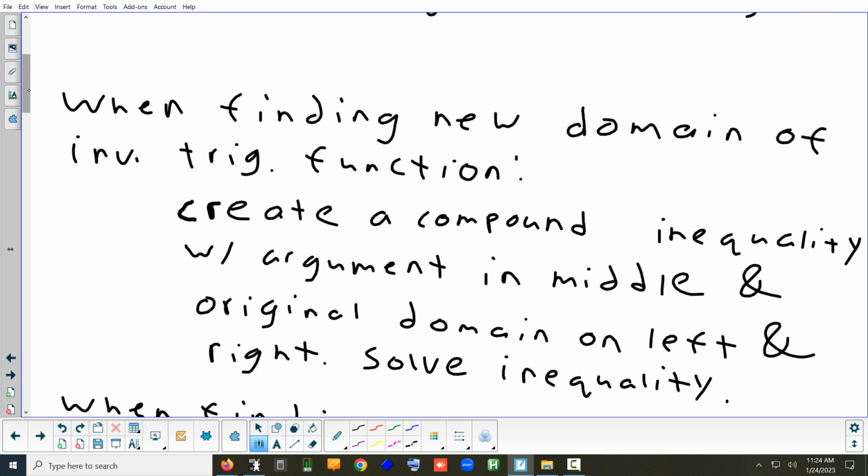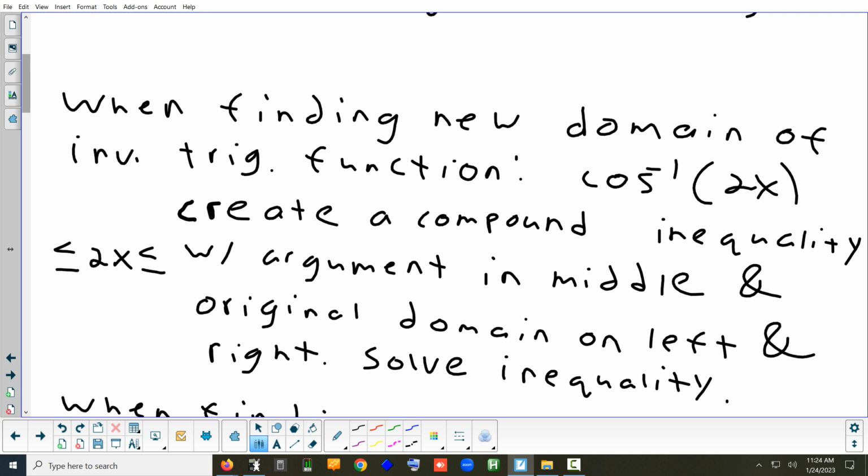The way you find the new domain is you're basically going to create a compound inequality. Let's say you had to do this. Inverse cosine of 2x. The argument there is 2x. That's going to go in the middle. On the left and on the right is going to be the original domain.